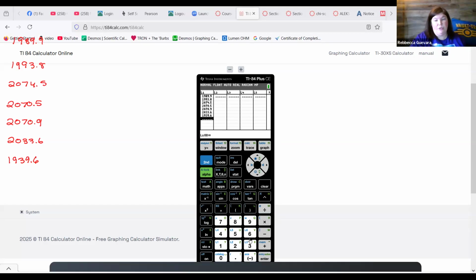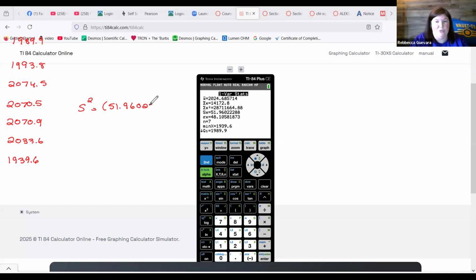So you could just go to one of our statistics, but just remember that this number that you get here, this S, that is your standard deviation. You need to square that if you want variance. So we would have to take that 5.1960222288 and square it.